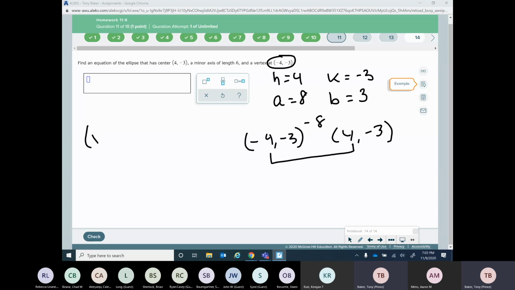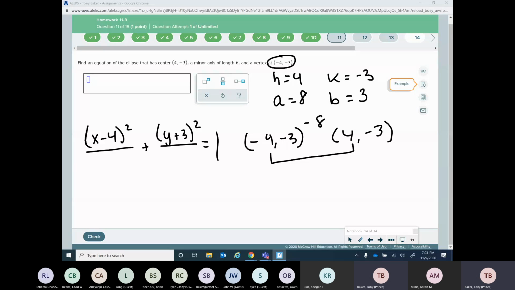So it's (x minus 4) squared over, and (y plus 3) squared over, equals 1. Now, the next part of the question is, where does the A go and where does the B go? You can tell that based on which value changed on the one they gave you.